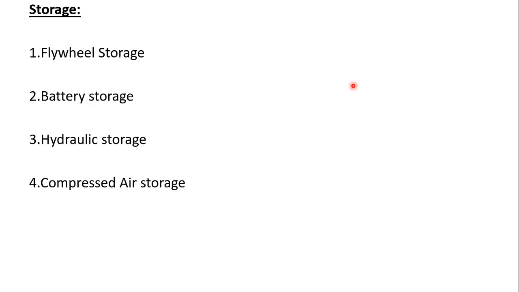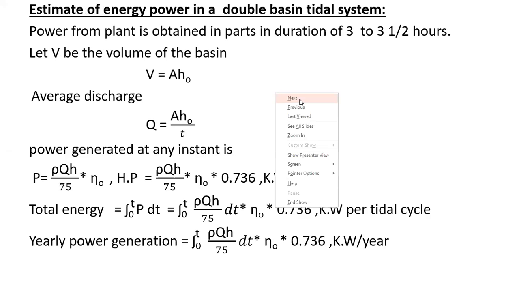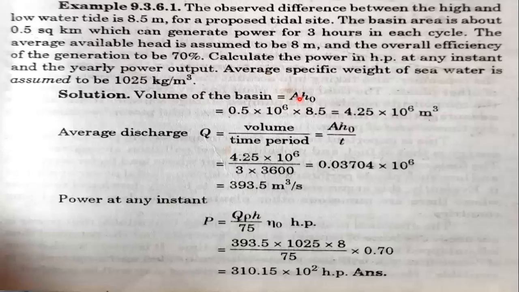We have two problems now. We will see. First one: the observed difference between the high and low water tide is 8.5 meters.